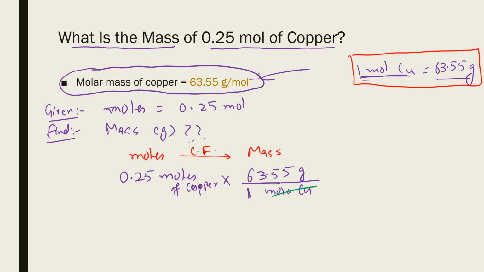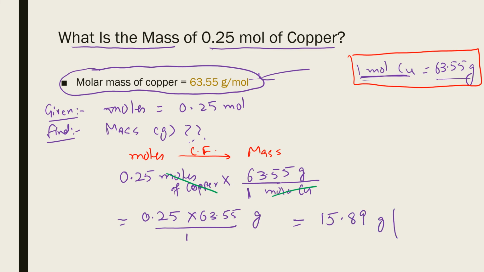So moles of copper cancel with moles of copper, and if we solve the remaining equation, it will be 0.25 multiplied by 63.55 grams divided by just 1. So this comes out to be 15.89 grams. So that many grams of copper.